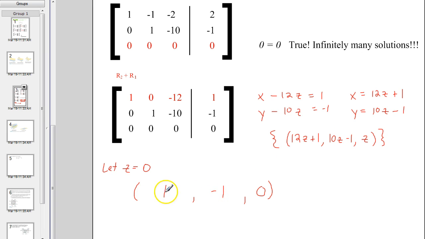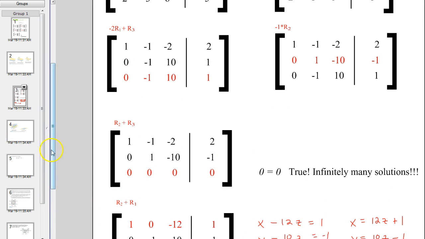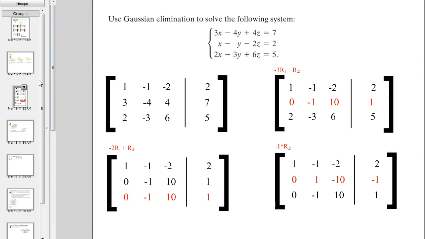So 1, negative 1, 0 is a solution to the original system. Let's check: 3 times 1 is 3, minus 4 times negative 1 is plus 4, plus 4 times 0 is 0. Does equal 7. All right, 3 plus 4 plus 0 equals 7.